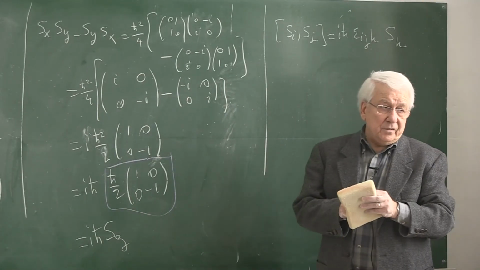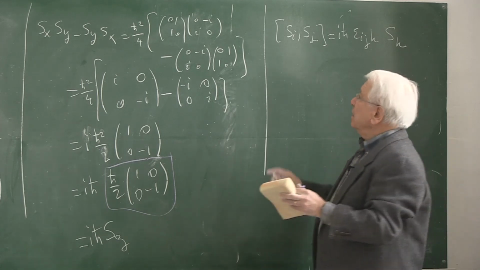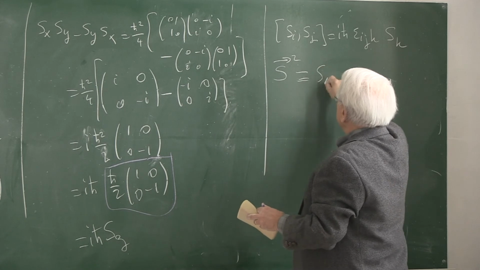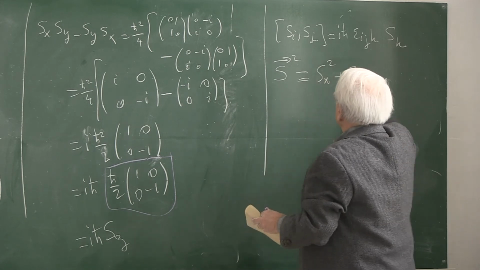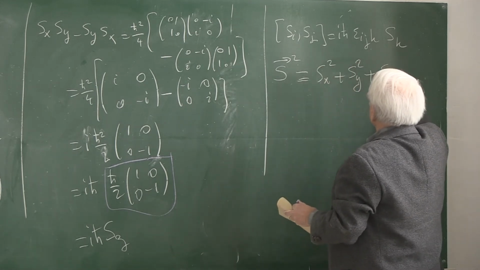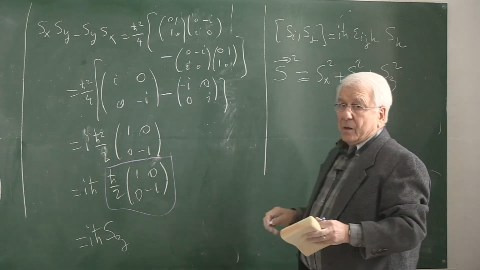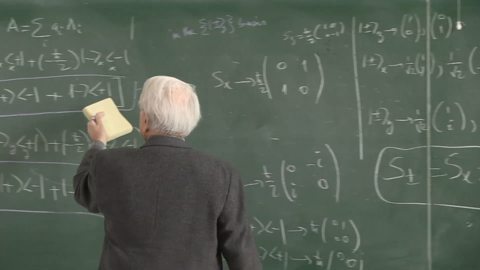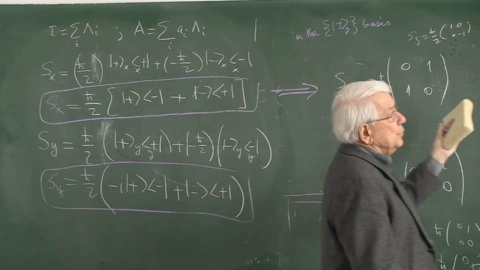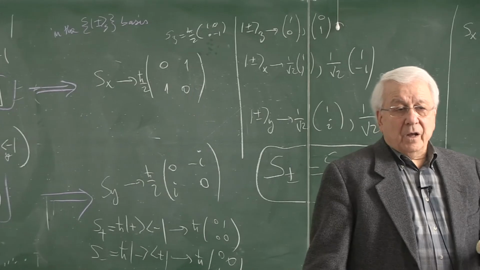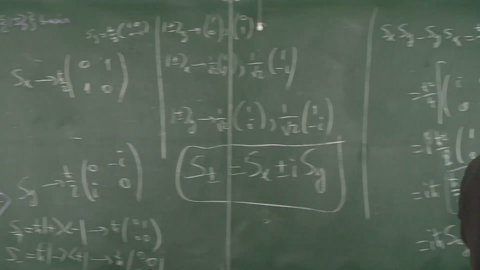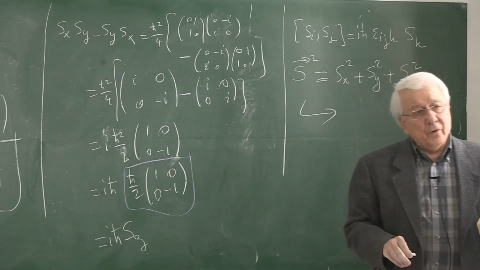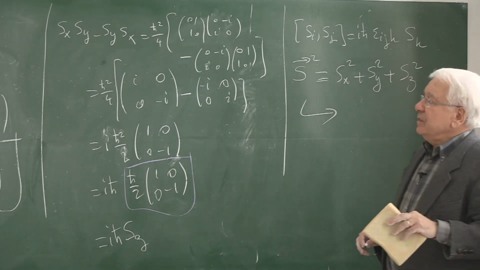There's another nice thing. Consider the operator defined as Sx squared plus Sy squared plus Sz squared. You can either use the operator expressions using the bases here, or use the matrix representation. As we have this beautiful matrix representation, it's so comfortable. Use not equality, but the correspondence. You write the matrices.